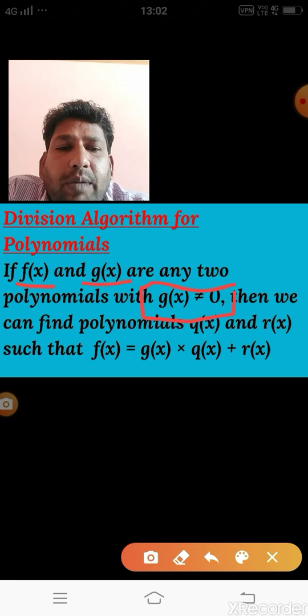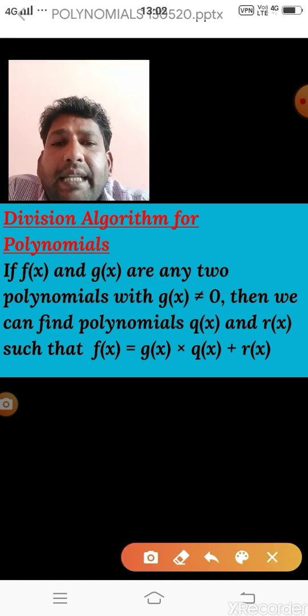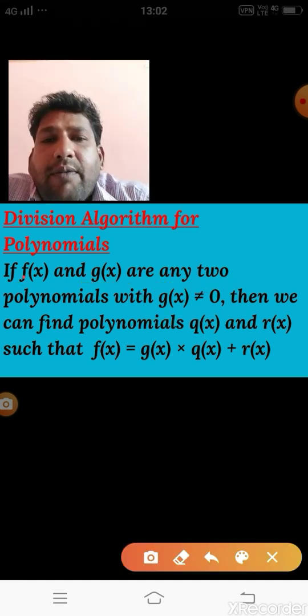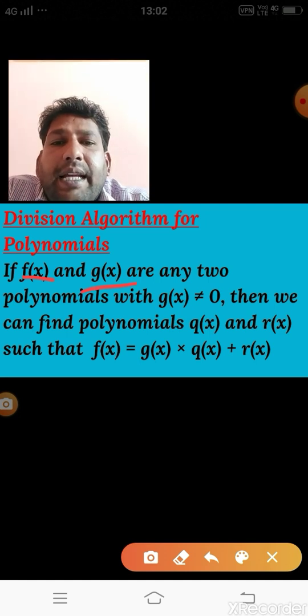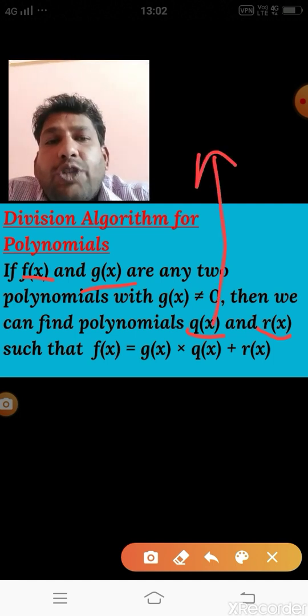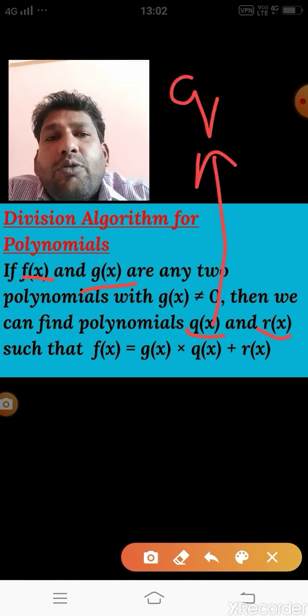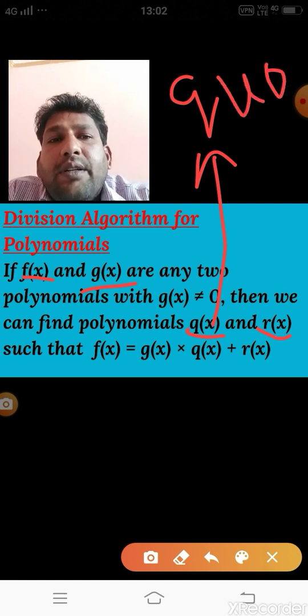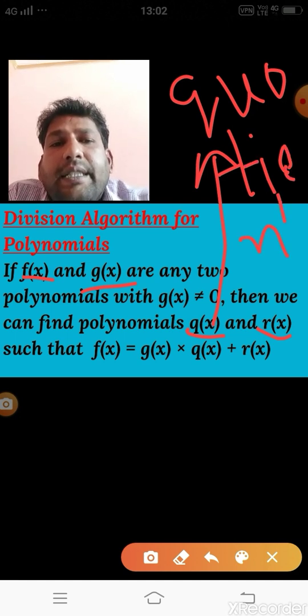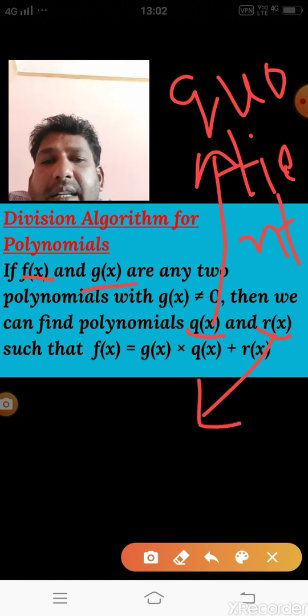Then we can find polynomials. If we have two polynomials f(x) and g(x), and g(x) is not equal to 0, then we get two polynomials q(x) and r(x), where q(x) means the quotient and r(x) means the remainder.